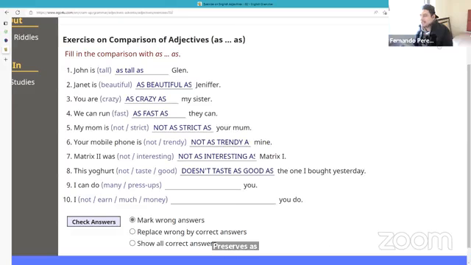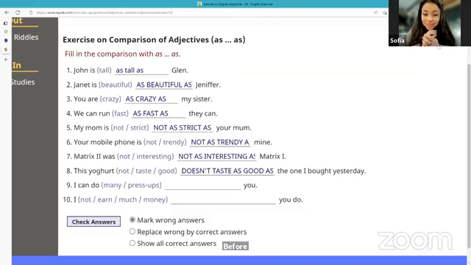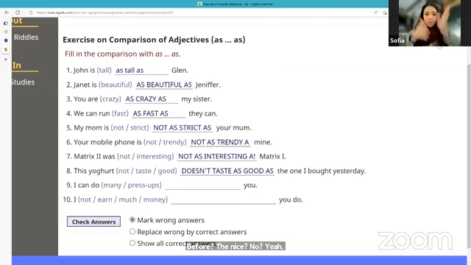Close. According to the order of adjectives, where do you collocate the adjective? Before the noun. But here, the adjective goes between the comparative words, between the two as.